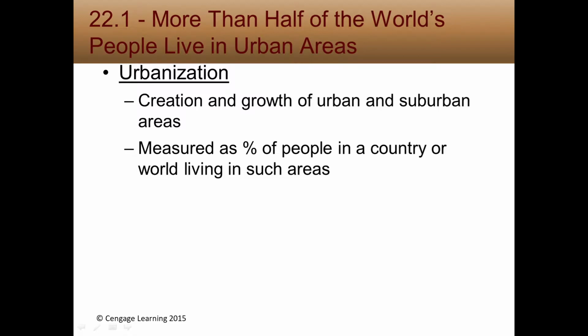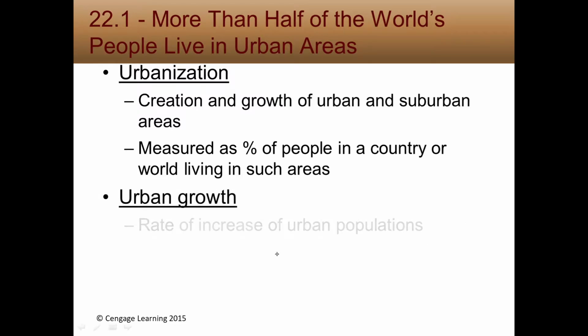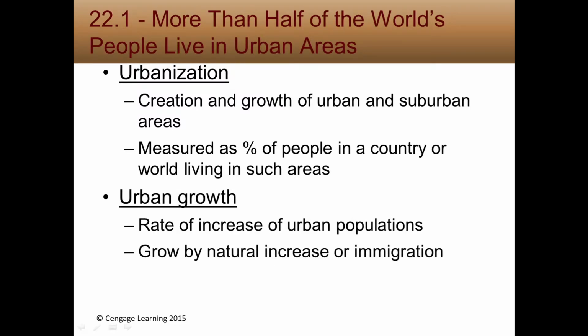And when you look at urbanization, you look at the percent of people in a country living in those areas. So then urban growth goes along with that. It's a rate, kind of like what it sounds like. So it's the rate of increase of these urban populations increasing.